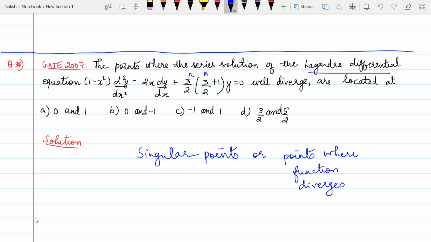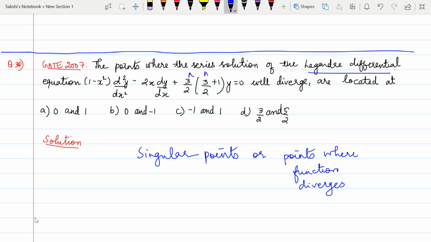If you get any question with these names, that is singular points, points where the function diverges, you have to remember the orthonormal property of the Legendre differential equation, and in that property you just have to remember the limits of the integral. You don't have to remember the whole property. It is enough if you remember the limits. It is just a trick to remember, and you can use this trick for all your special functions, Bessel, Laguerre, and Hermite too.